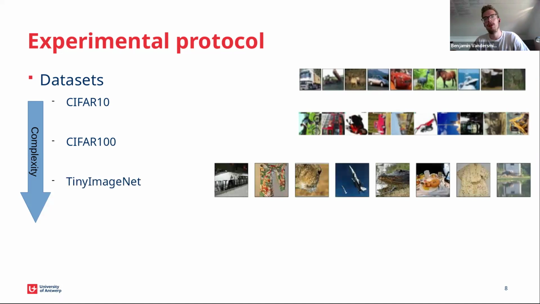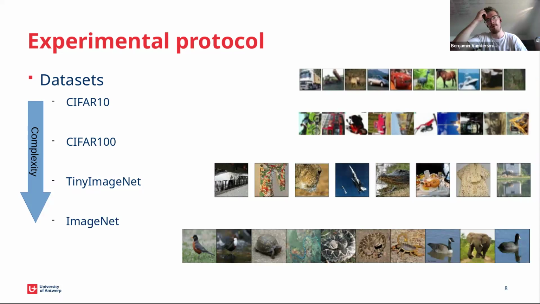Then TinyImageNet, which is a downscaled subset of ImageNet, so it has 200 classes and 64 by 64 images. And then finally, ImageNet itself, which is probably the most well-known dataset from this set, with 1,000 classes. The images are actually unbounded, but when processed, they are often rescaled to 224 by 224.